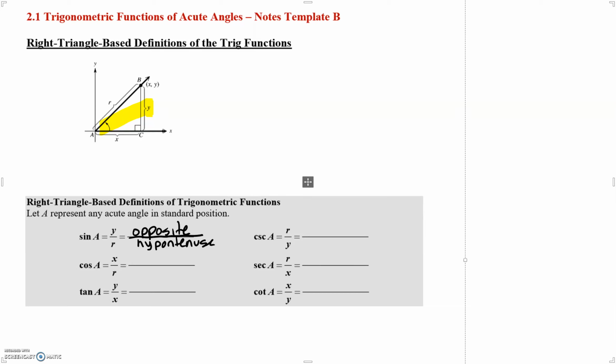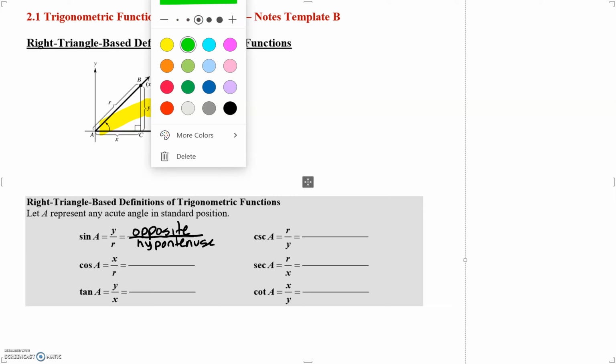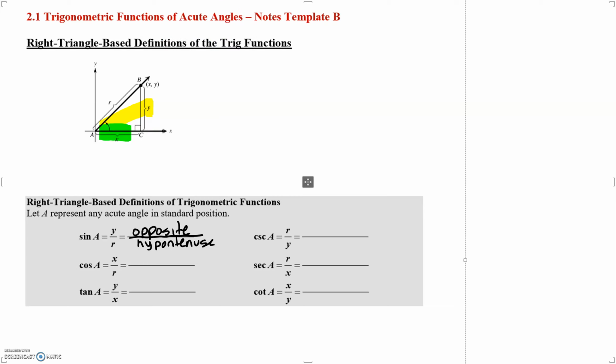Cosine, let's do that in a different color, green. Cosine is literally touching A, it's adjacent. I realize r is touching A as well, but r is across from 90 degrees, so it's going to stick with being the hypotenuse. It's just between x and y, and x is the one that's touching A, while y is the opposite.